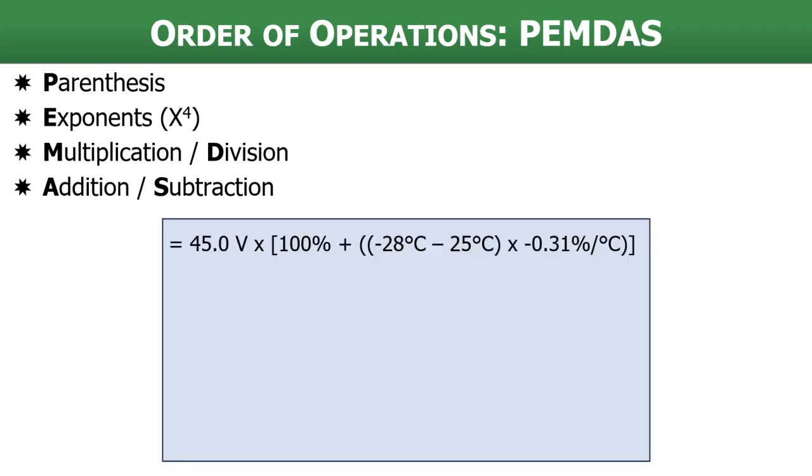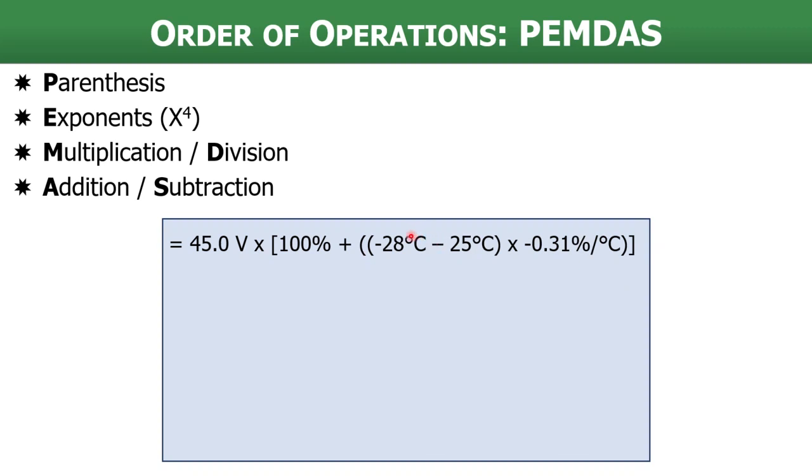So here's an example. In this one, we're calculating our actual module voltage. We have 3 sets of parentheses here. We have the inner parentheses right here, this negative 28 degrees C minus 25 degrees C. That's what we're going to do first because that's the innermost parentheses. Then we have a second layer of parentheses.